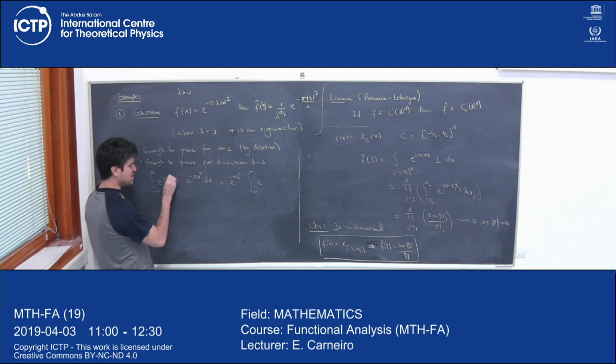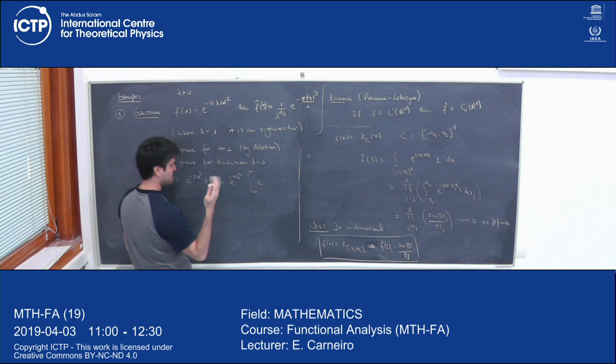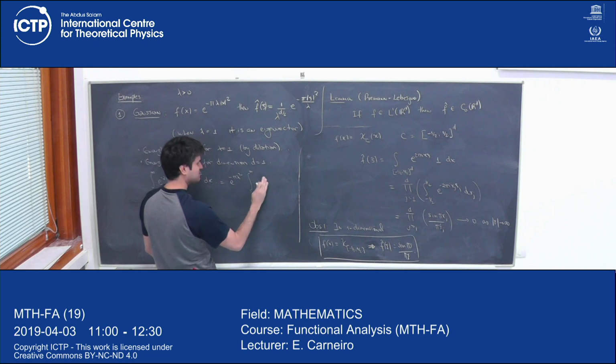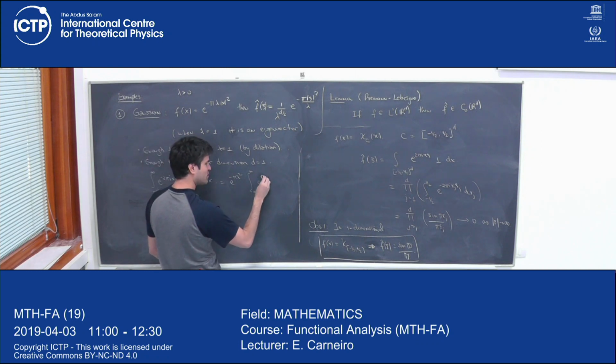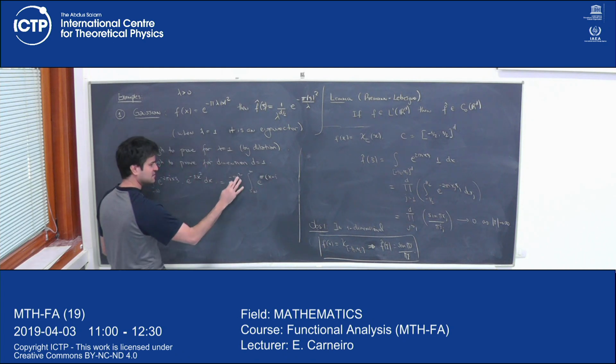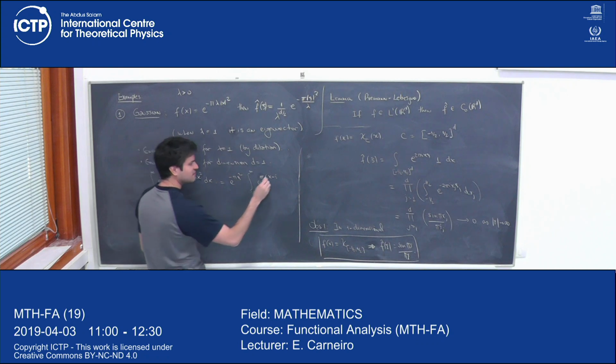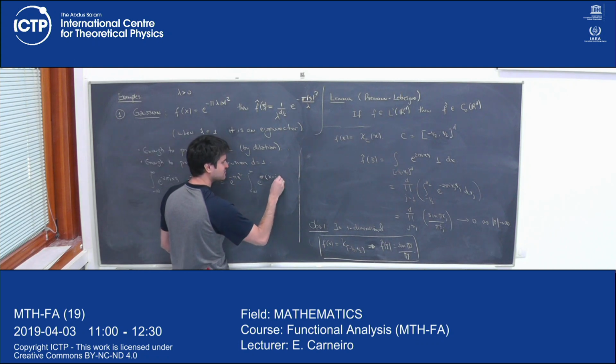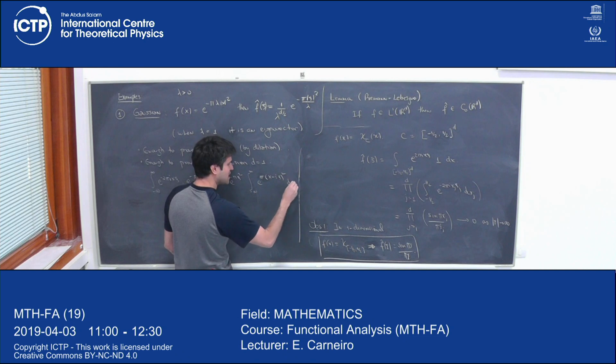There's an i here. So I actually want, let's say, pi times x minus i xi, sorry, this is minus i xi, squared dx.